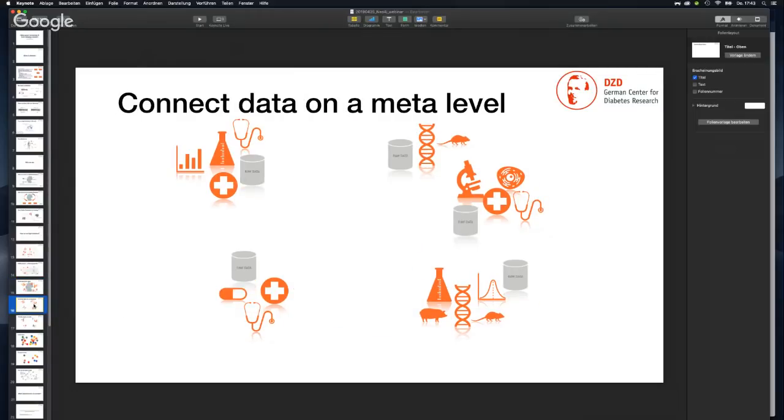Because we have patients' data and we have privacy problems with sharing and analyzing the data, we started with connecting the meta level and providing a catalog for our scientists where they can browse what kind of data sets we have within our organization. And so we don't touch the raw data, and we have a closer look at what kind of data we have in the specific locations.